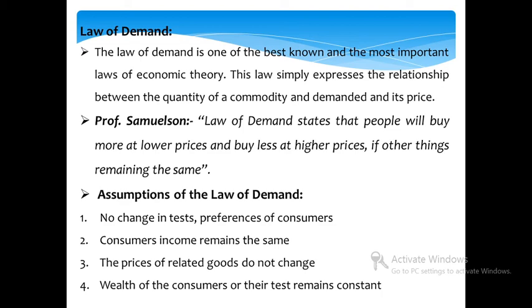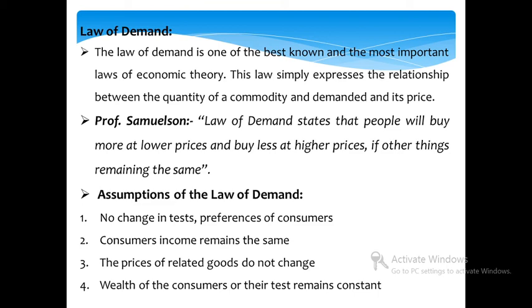Professor Samuelson says, regarding the law of demand, that people will buy more at lower prices and buy less at higher prices, but the condition is that other things remain the same. This is the important condition of the law of demand.